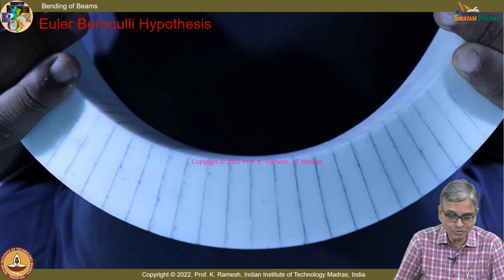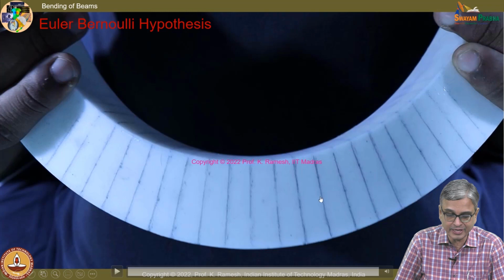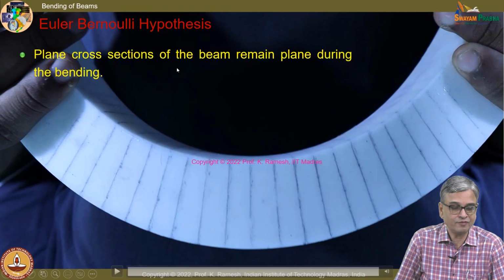Can you also see visually that as I go along the length of the beam, the rotation is becoming larger and larger? One of the idealizations of Euler and Bernoulli is that plane cross sections of the beam remain plane during bending.